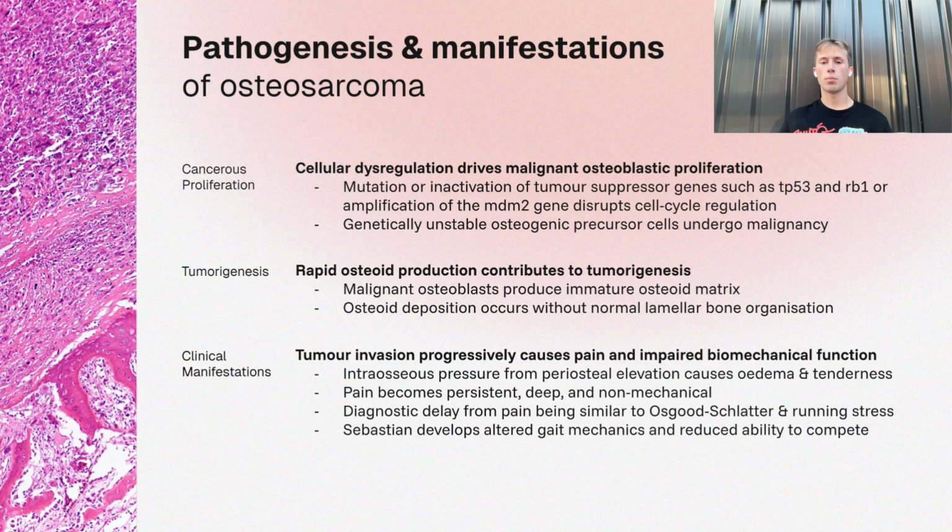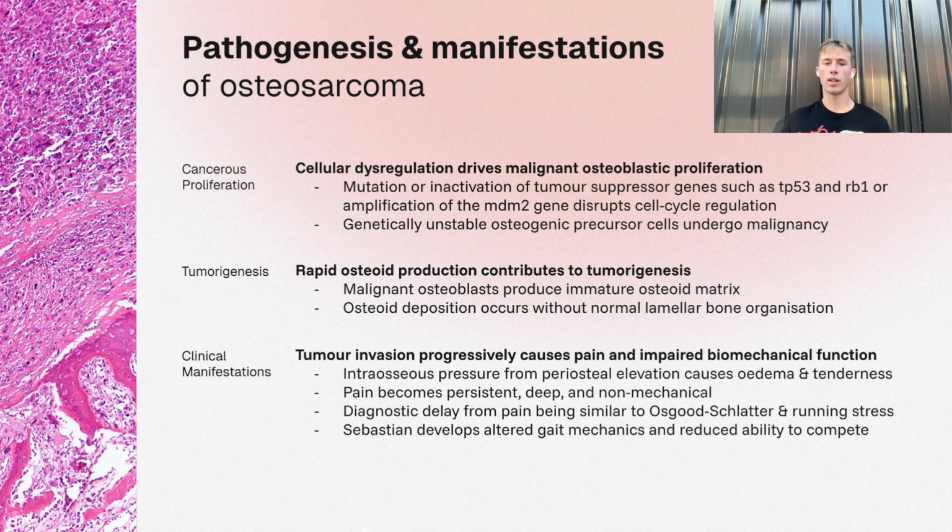Rapid neoplastic proliferation in the region produces persistent bone pain, which progressively becomes non-activity dependent, and begins to persist at rest and night. Periosteal elevation and soft tissue invasion produce edema and tenderness around the proximal tibia, while cortical destruction impaired structural integrity and contributed to altered gait mechanics and reduced athletic performance.